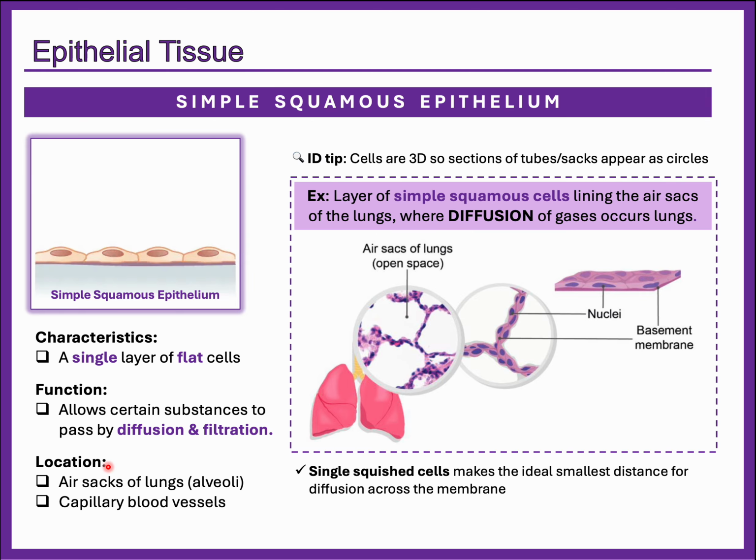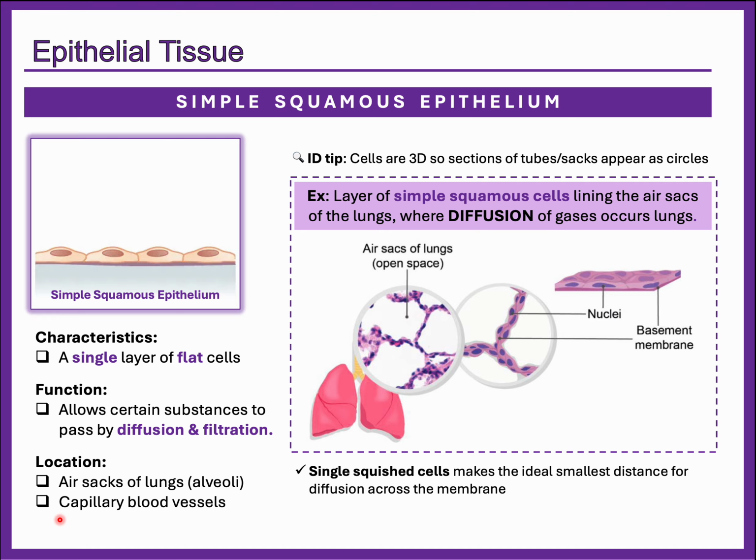So where do we think we would find it? I think we would find it in the deep air sacs of the lungs, deep in the alveoli, right? That's the pouches of the lungs. These air sacs in the lungs, that's where we exchange gases, O2 and CO2.